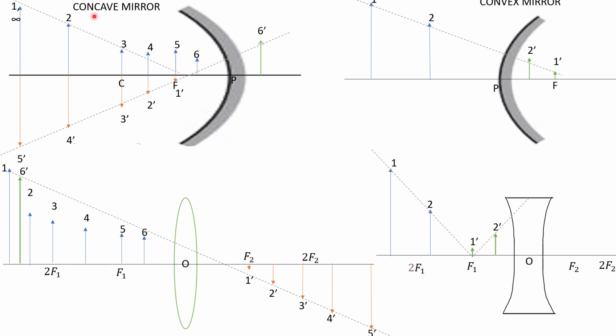Another analogy I want to say: for a concave lens, think of the greater than sign, or a lateral V. Here also this is a concave lens, and here also you can make out a V. By the V, we will be able to find out the size of the object also. And for the convex mirror, you will have to take the slanting line of the X. Here you draw a line like this, and from F you should draw the line.